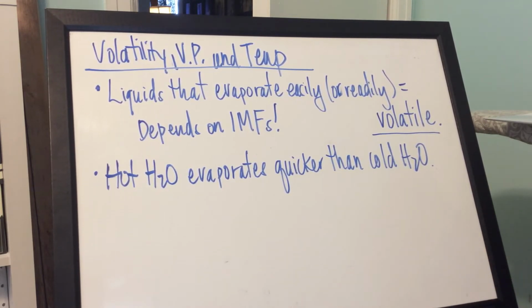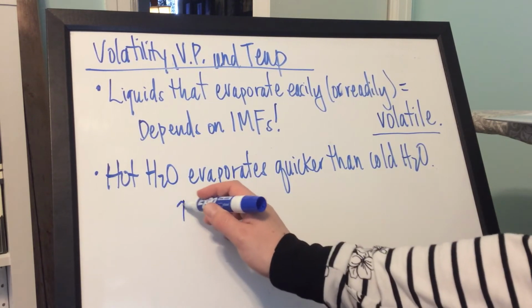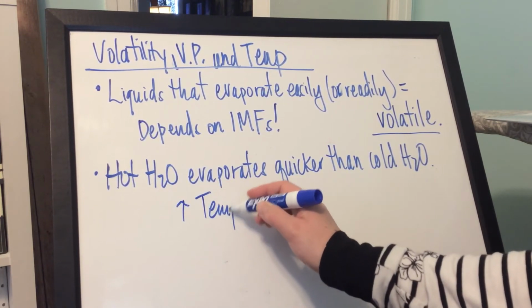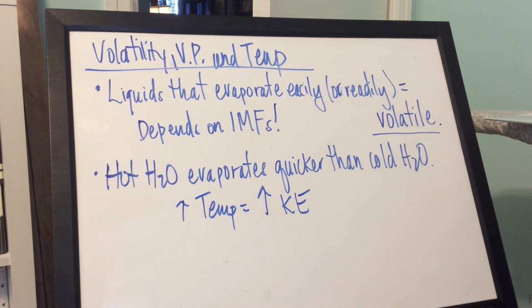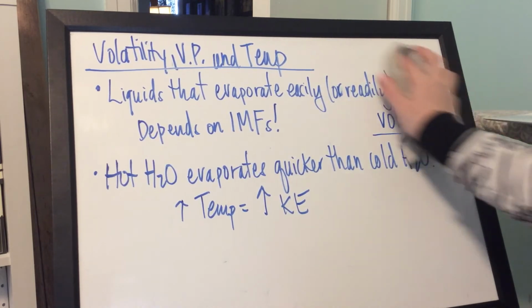So an increase in temp means an increase in kinetic energy. And that's what this is all about, okay? That increase in kinetic energy. So volatile just means evaporates easily or readily. It does not really mean reactive. So be careful about that in a definition.